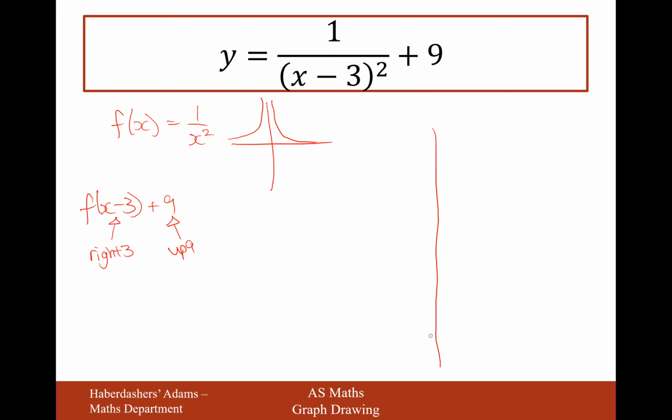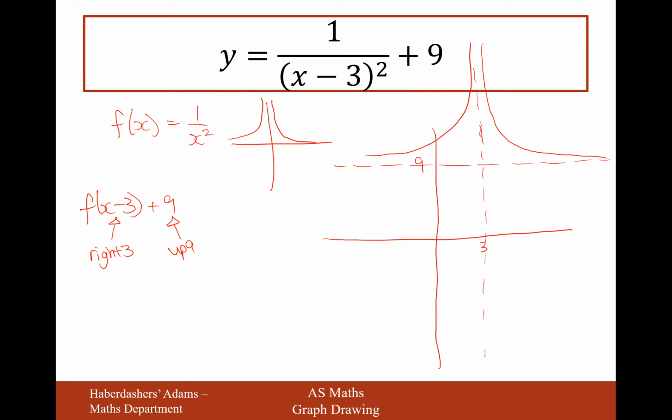So let's grab our axes, and we're going to move the x asymptote right by 3, and we're going to move it up by 9. And it's going to be on the top right and on the top left. Lovely, there we are, that's the answer in this question.